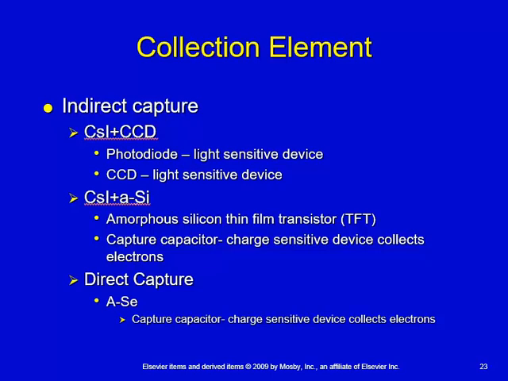The capture capacitor is where the signal is stored and kept until it's ready for processing. Same thing with a direct capture, only we've got direct exposure onto amorphous selenium, and then the capture capacitor is charged and ready for image manipulation.